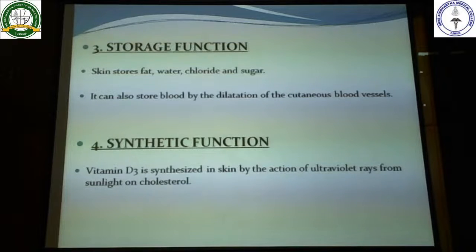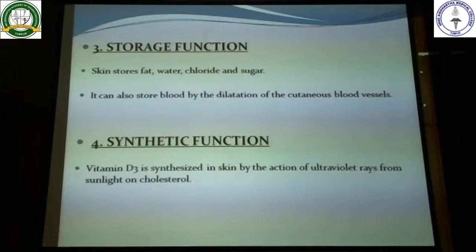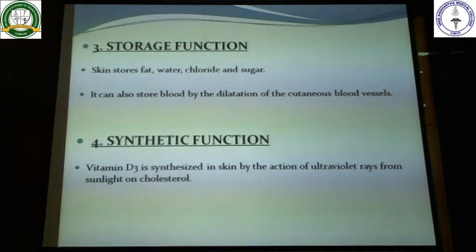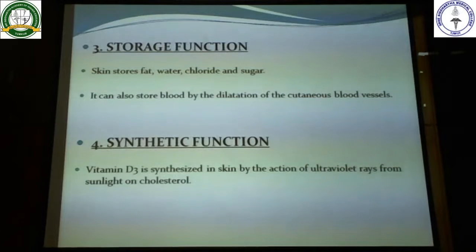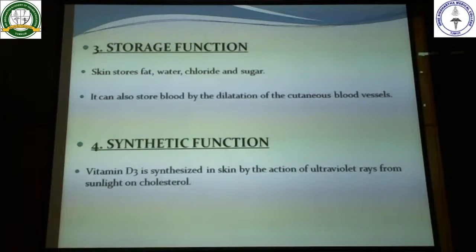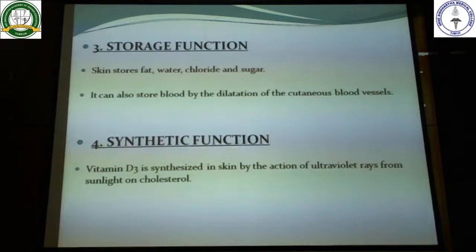That gives an indication that there is storage of fat, water, and even chloride and sugar. At the same time, the skin also stores blood. It does that by dilatation of the cutaneous blood vessels. So this is about the storage function.